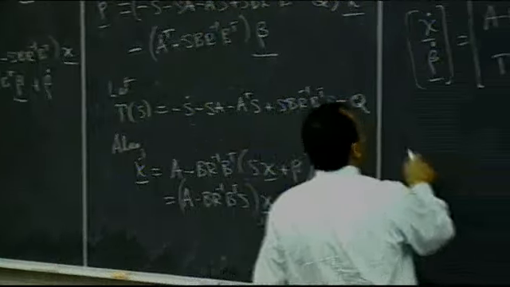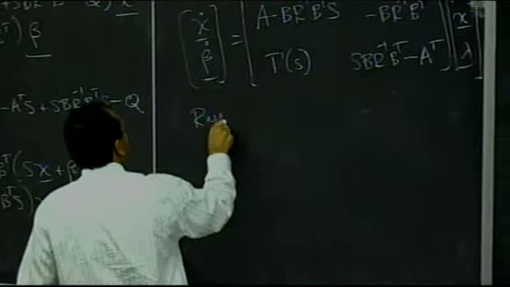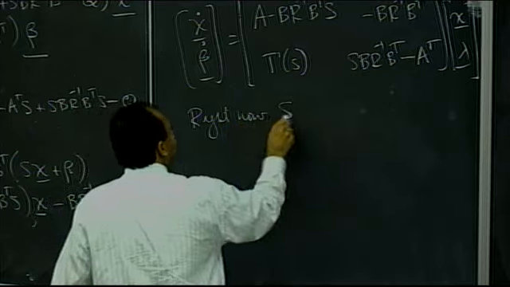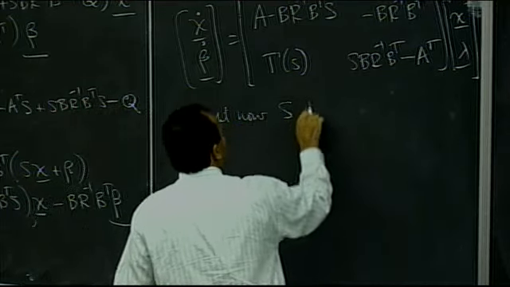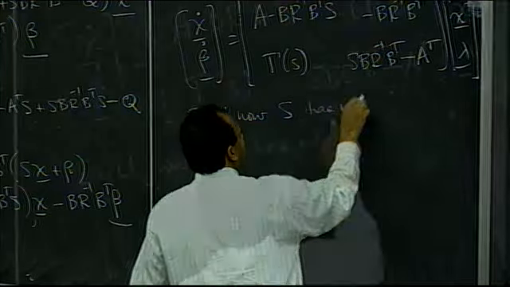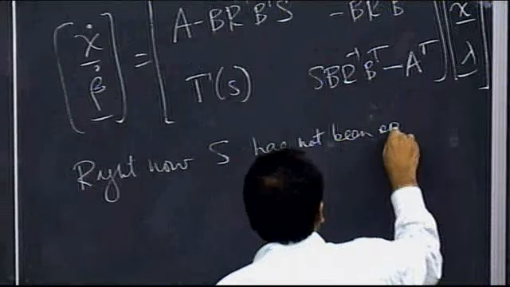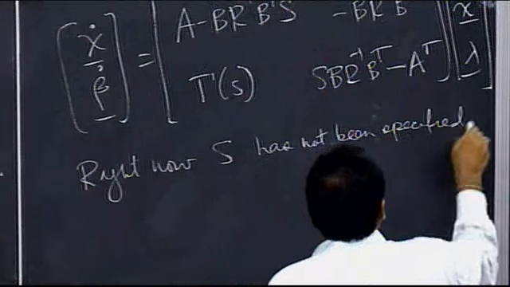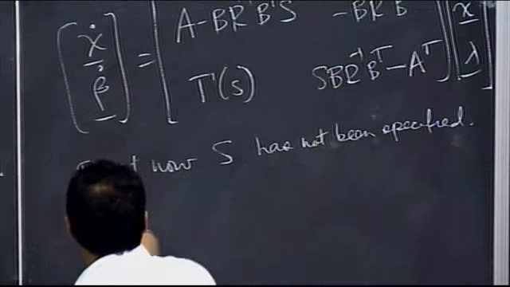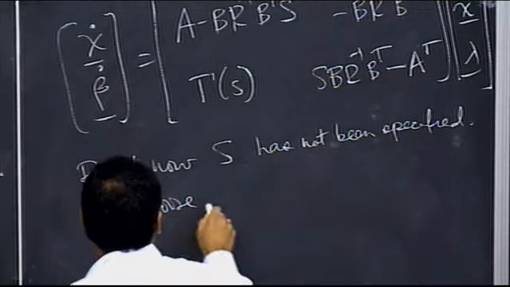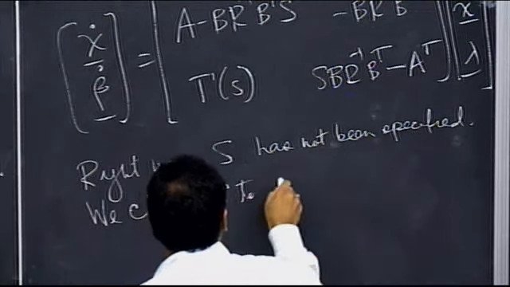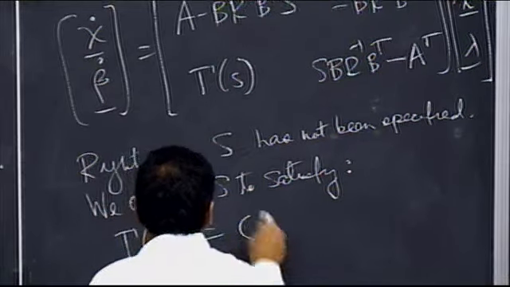Right now, S has not been specified. So we choose S to satisfy the following condition: gamma of S has to equal 0.